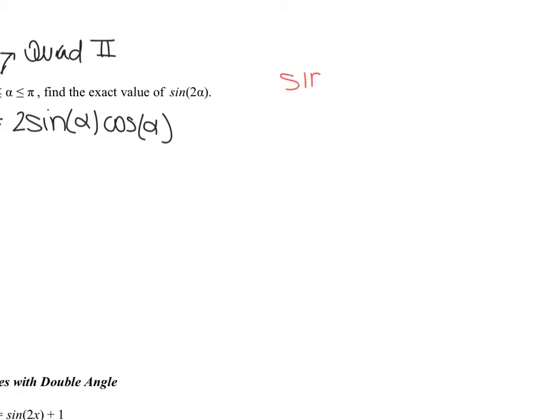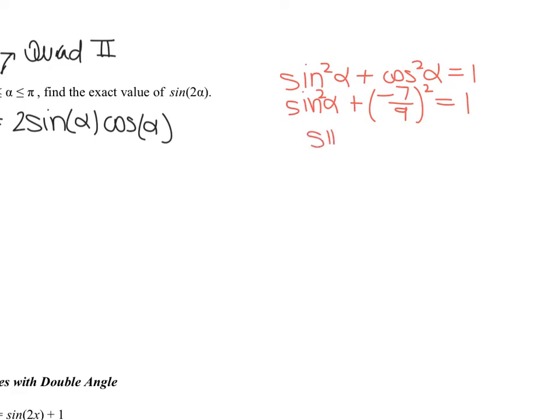So I'm going to use sine squared of alpha plus cosine squared of alpha equals 1. So we have sine squared of alpha plus negative 7/9 squared equals 1. So sine squared of alpha plus 49 over 81 equals 1.